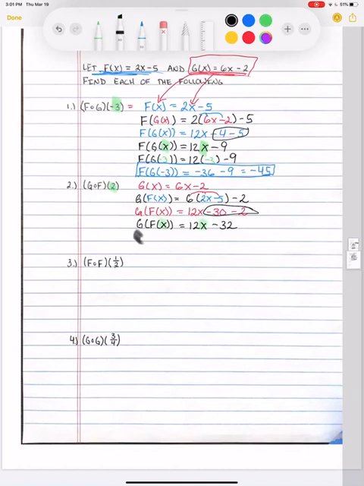So I have g of f. I'm going to plug in a positive 2 there and a positive 2 here. So g of f of 2 equals 12 times 2, which is 24. 24 minus 32 is negative 8.